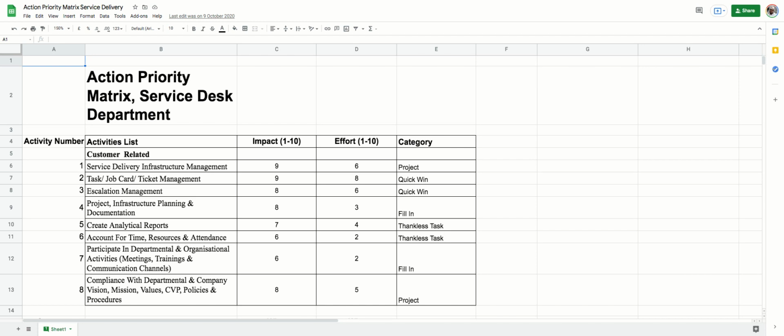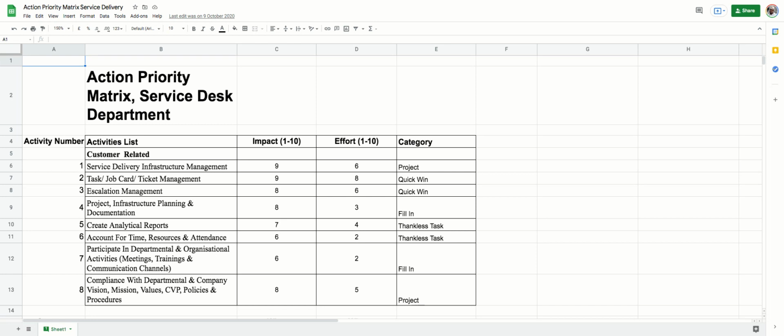Number 6, accounting for time, resources, and attendance. Number 7, participating in department and organizational activities. These could be meetings, trainings, and other organization-wide events. And lastly, number 8, compliance with the department and company vision, mission, values, CVP, policies, and procedures. That one's quite a mouthful, that number 8.